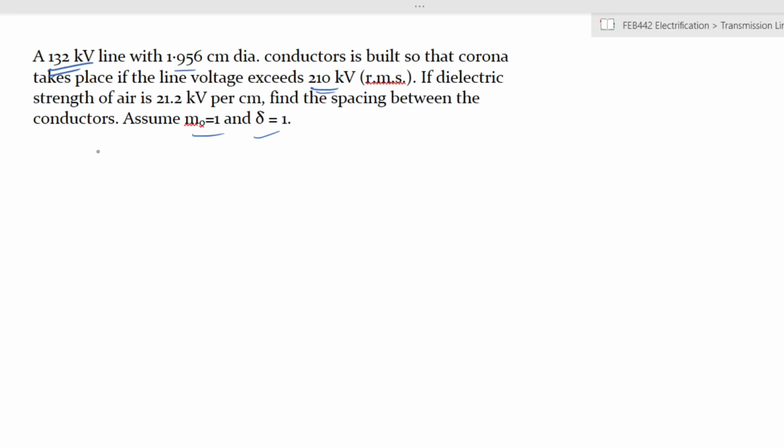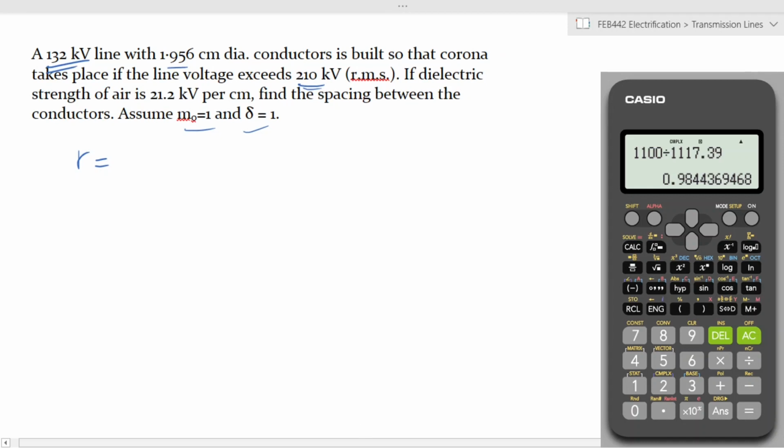So we've been given the diameter. Let's get our radius. Bring the calculator back. 1.956 divided by 2 is 0.978 centimeters.